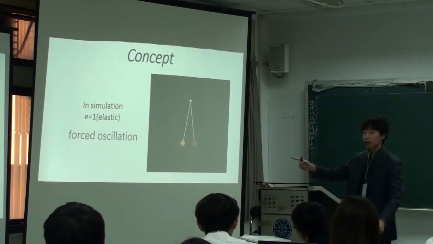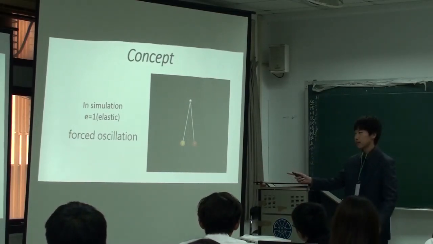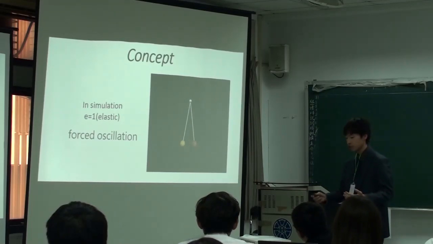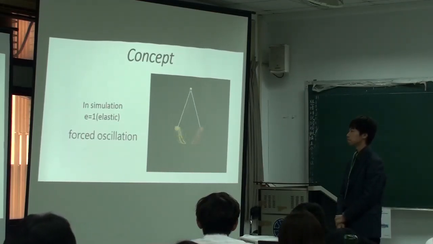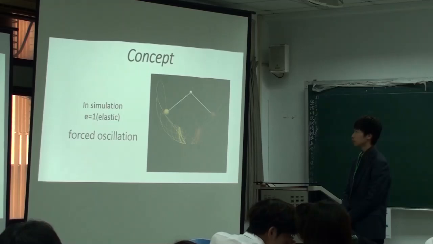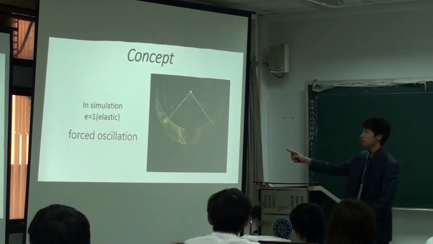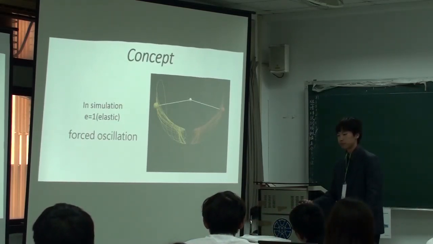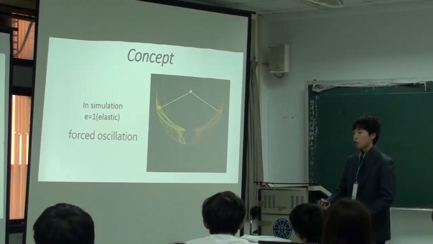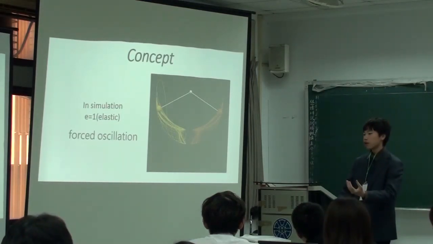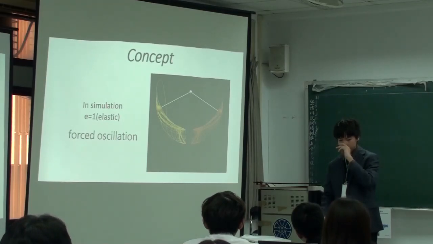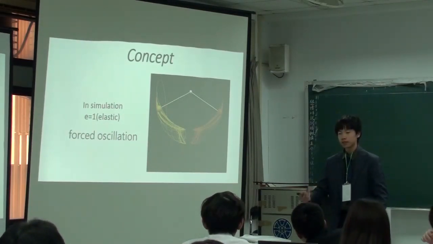Another simulation: when e equals 1, it is elastic, but it's still forced oscillation. You can see, like before, we think it might be that when the string is tightened, some energy, a part of the energy, is turned to the peak.